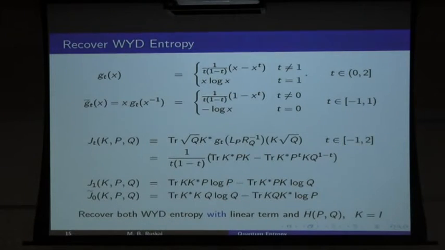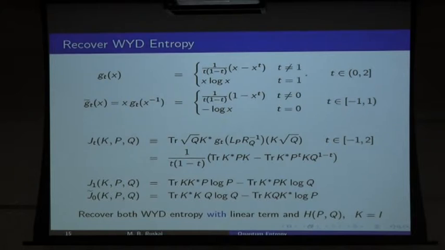Now, let me point out that with the linear term back in, if you pick the right function for g of x, and we picked this one, but you could pick this one, the fudge factor being x minus x to the t, these are convex operator functions, and you substitute that in, you get exactly the Wigner-Yanase-Dyson entropy with a minus sign and generalized to a q.